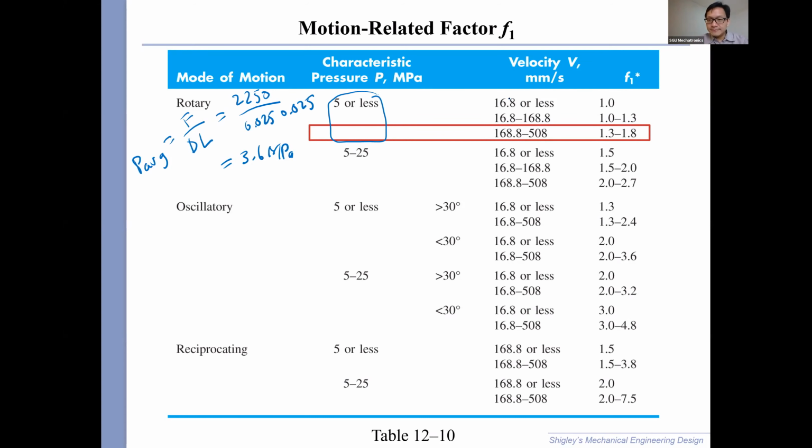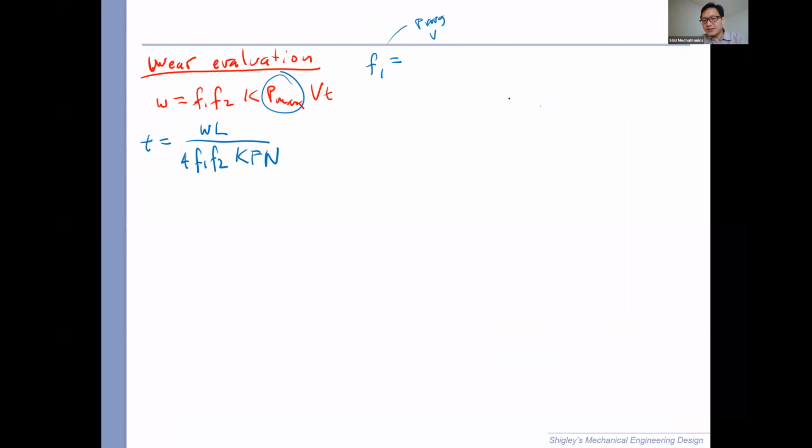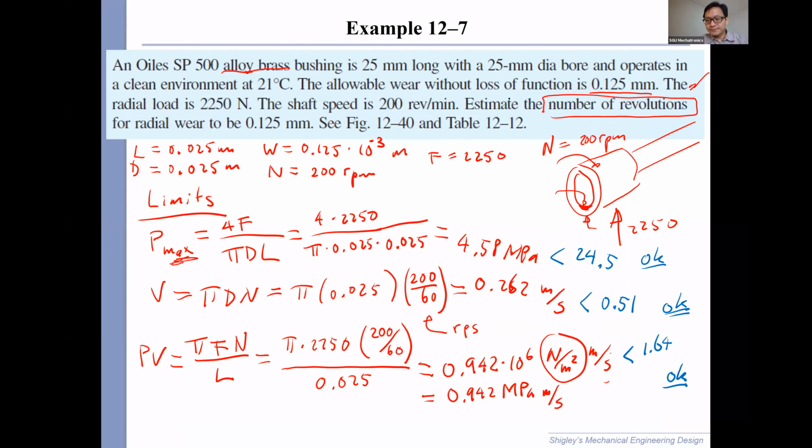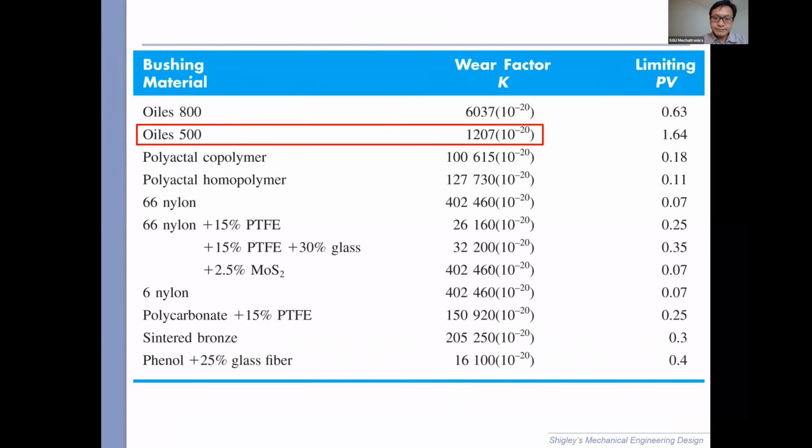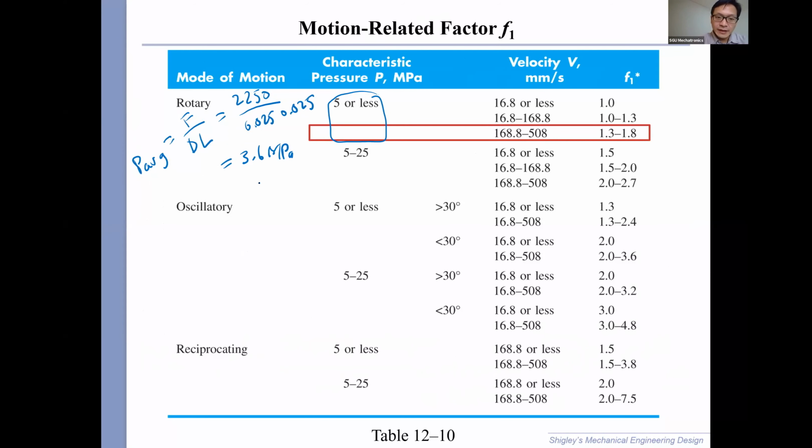And then the velocity, we did that, 262. Okay, velocity is 0.262 meters per second. Notice this table is in millimeters, so it's 262 millimeters per second, right?